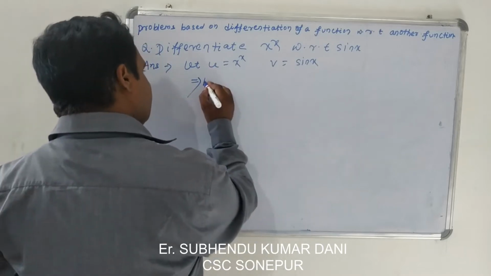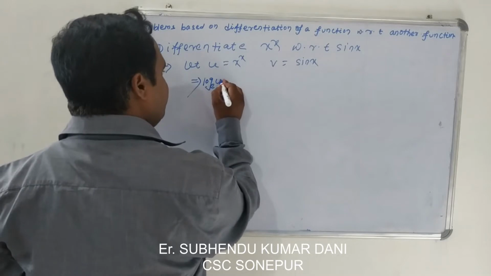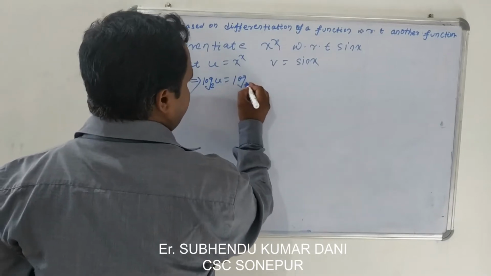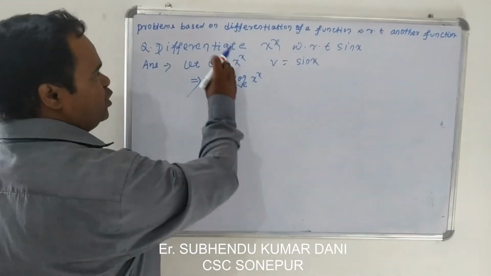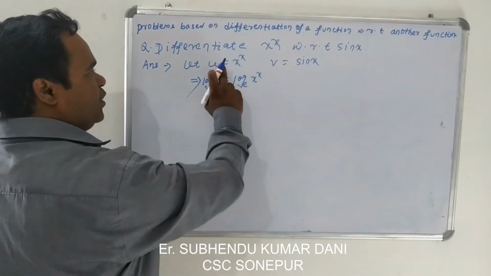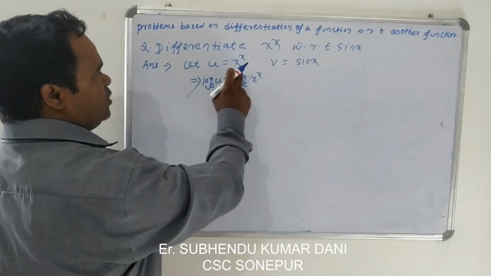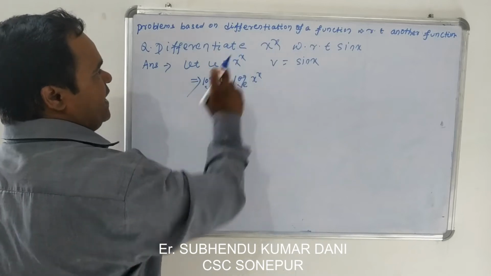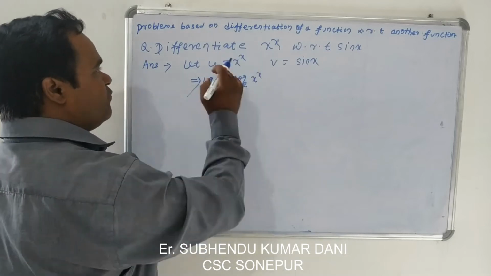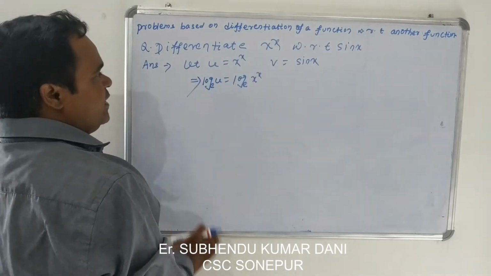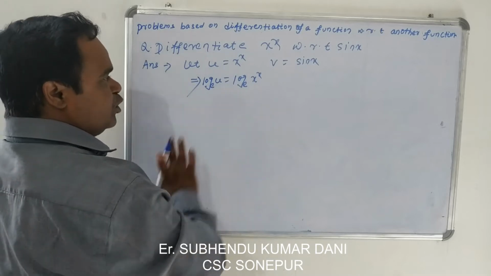So firstly, log base e of u equals log base e of x to power x. Why am I using the logarithm function? Because u is x to power x, a variable or function to the power of a function form, so I am taking logarithm on both sides.